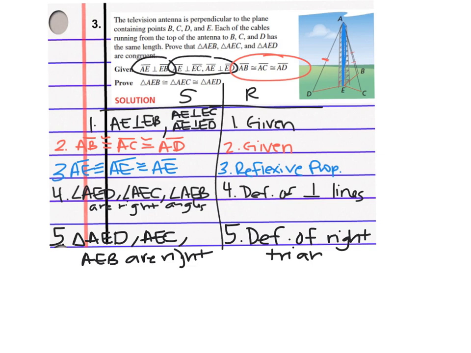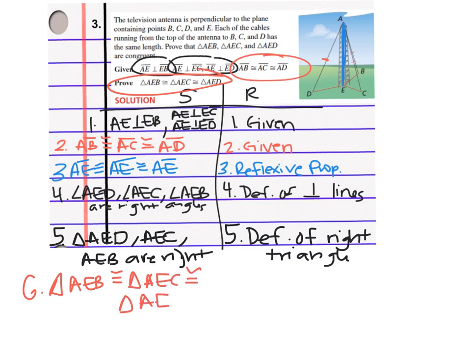And then lastly, I can end with what they're asking me to prove. So triangle AEB is congruent to triangle AEC is congruent to triangle AED. And again, it's a right triangle with the hypotenuses and a leg congruent. So this is the hypotenuse leg theorem.